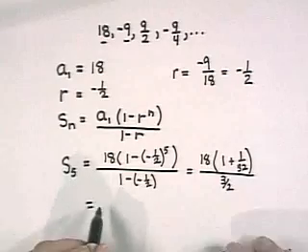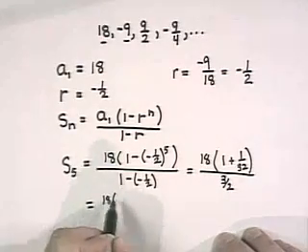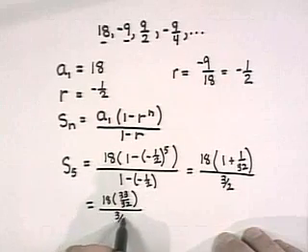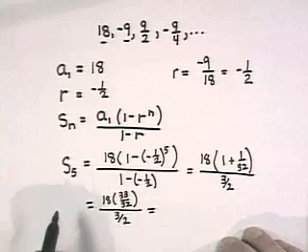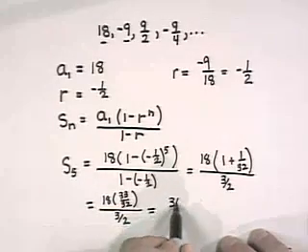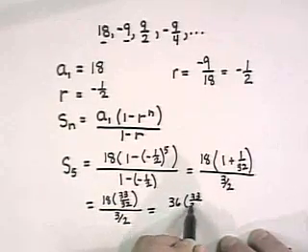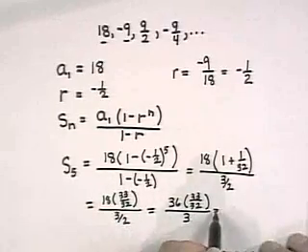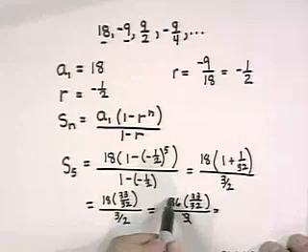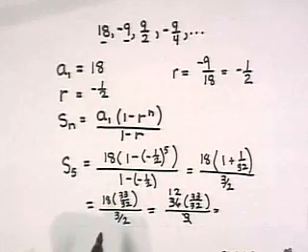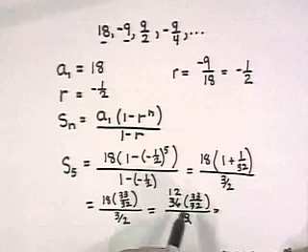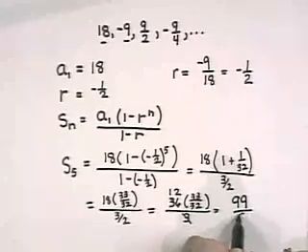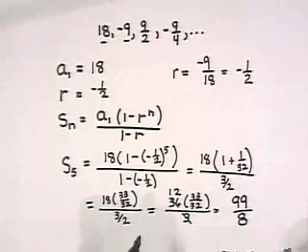As we continue to simplify, that's 18 times 33 over 32 over 3/2, which would give us 36 times 33 over 32 over 3, which would give us 12 times 33 over 32, which eventually will reduce down to the sum I hope you got for your answer, 99 over 8.